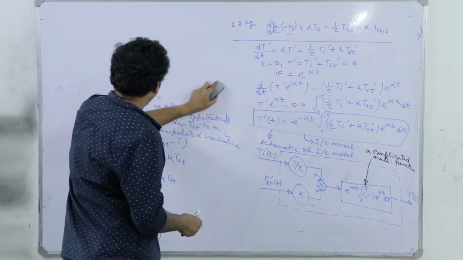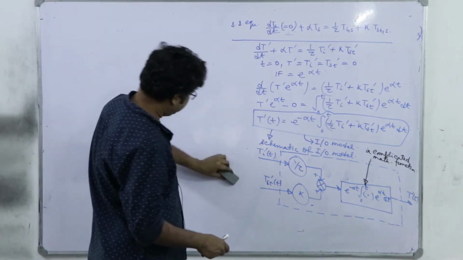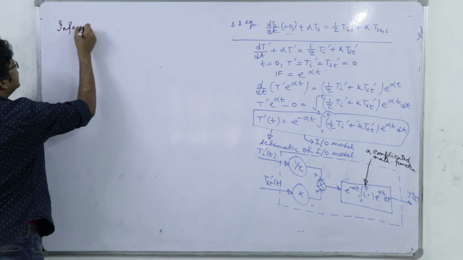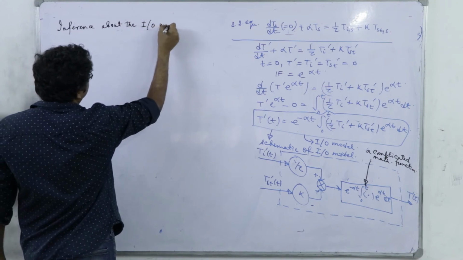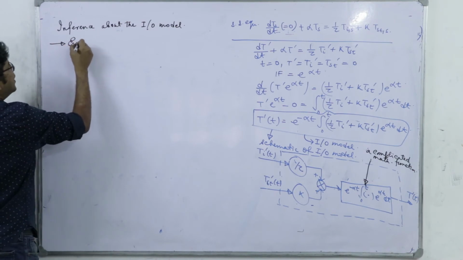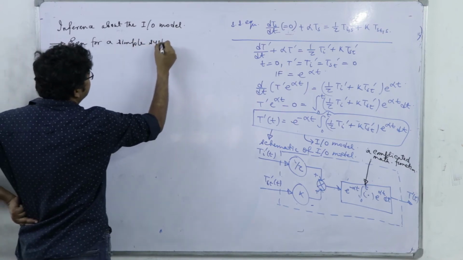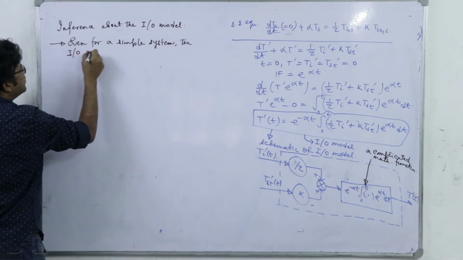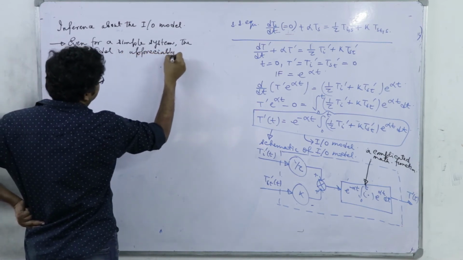So our conclusion from this input output model, whatever we have derived, is that even for a simple system, the IO model is appreciably complicated.